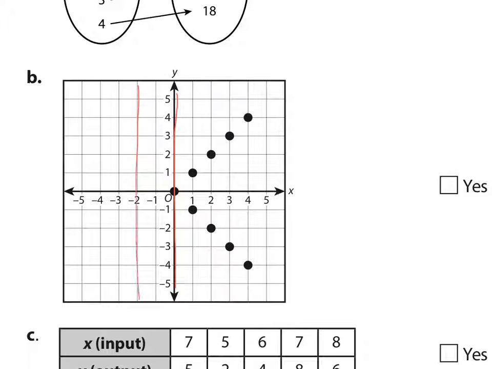So we could either remove, let's see, this point here, or, right, we can get rid of that point right there. So either one of those. It looks like they've given us some ordered pairs, and then it says choose all that apply. So it doesn't matter which one of these I get rid of.